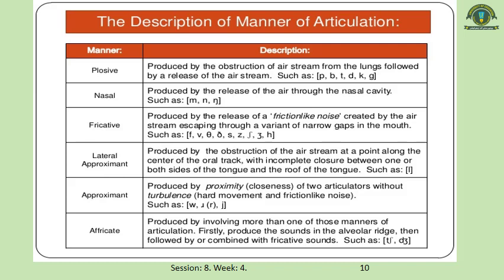Sometimes 2 names are given. I repeat, plosives are produced by the obstruction of airstream from the lungs, followed by a release of the airstream. The burst of air, the pressure. For example, if I produce these sounds, you can feel the pressure.